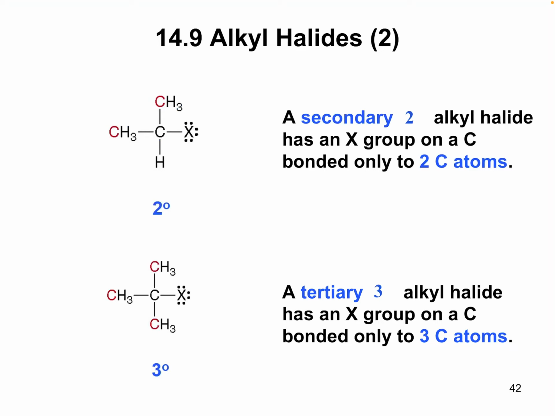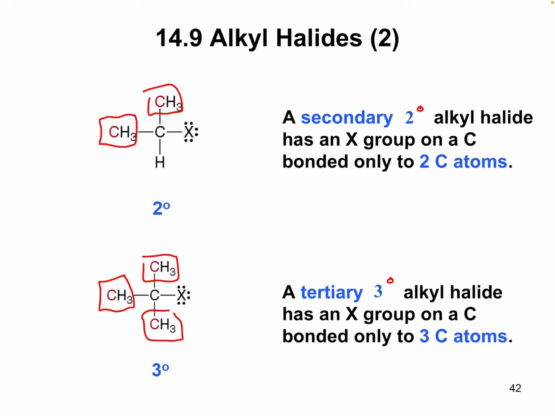A secondary halide has two bonds to carbon from that carbon that contains the halogen. And then finally, a tertiary halide has three bonds to carbon from that carbon that contains the halogen atom.